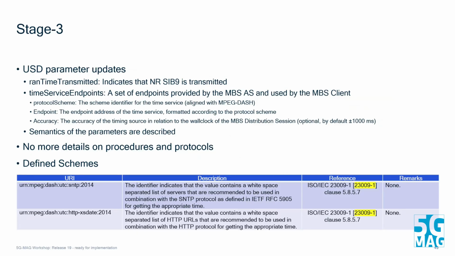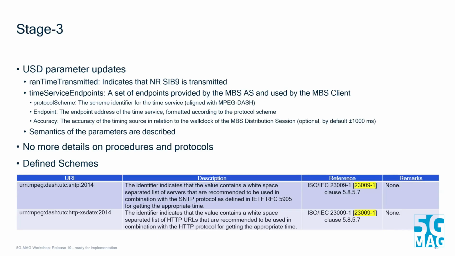You can basically specify the protocol scheme, the endpoint, which is an address defined by the protocol scheme, and then there's another one, you can define the accuracy. So I'm telling you I am within 100 milliseconds accuracy, I'm guaranteeing on the time service, or 1 second. If it's not specified, it requires to be within 1 second tolerance.